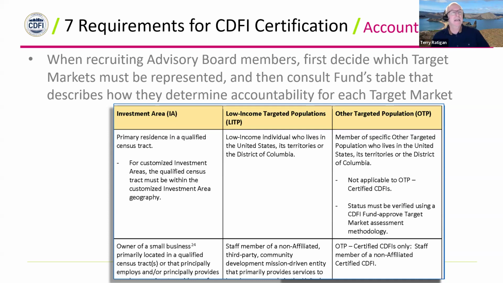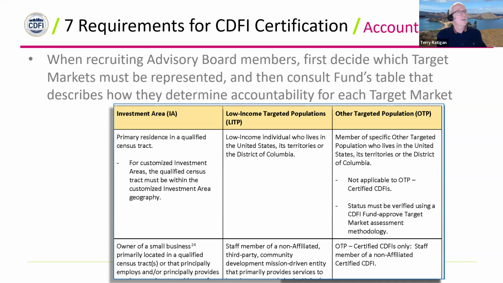But to meet the CDFI Fund's requirements, they're going to be looking at the target markets used for your target market test. And for most credit unions, that's going to be a mix of investment areas and low income targeted populations.